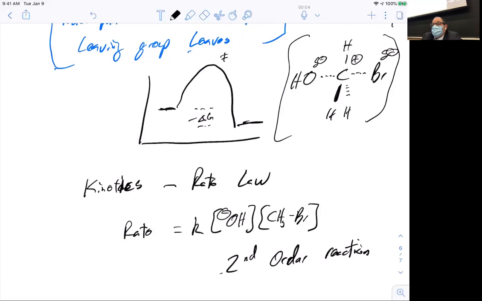If I change the concentration of the substrate, the reaction will go faster. That's what it means by rate, right? And the little brackets mean concentration. So if I double hydroxide, the rate will double. If I double the concentration of the substrate, I'll double the rate. If I double both of those, I'll quadruple the rate, right? So that's what this is saying.